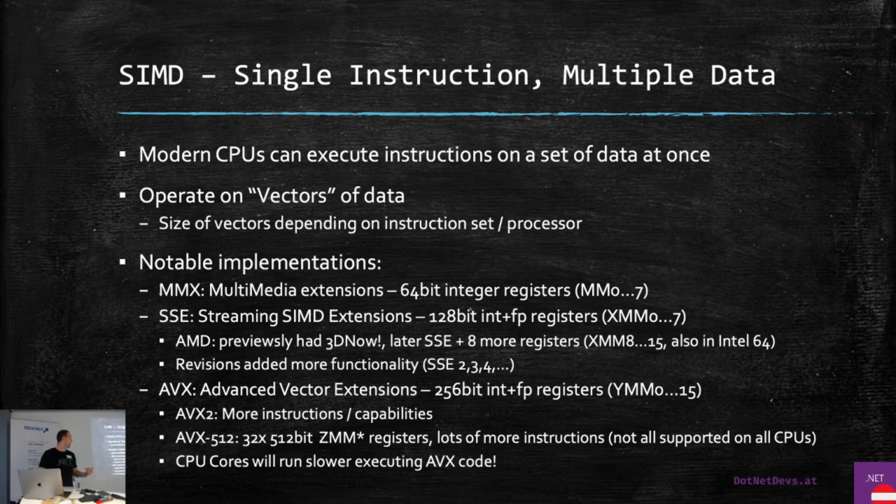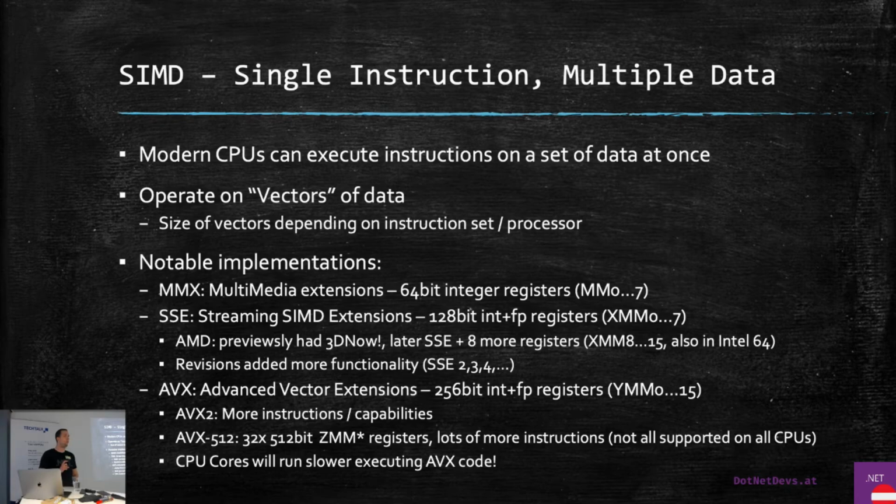And this has quite a history. So I think Intel started with multimedia extensions back in the late 90s. And this was basically 64-bit operations on some integers. Remember that this was in the time of 32-bit computing. Then we got the Streaming SIMD Extensions.